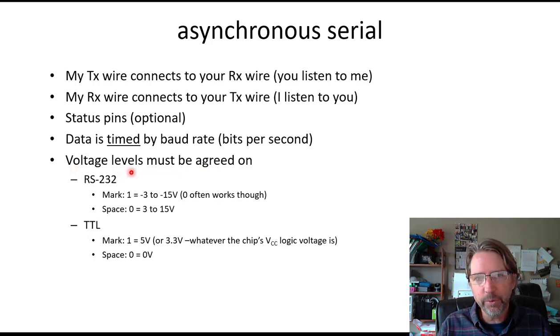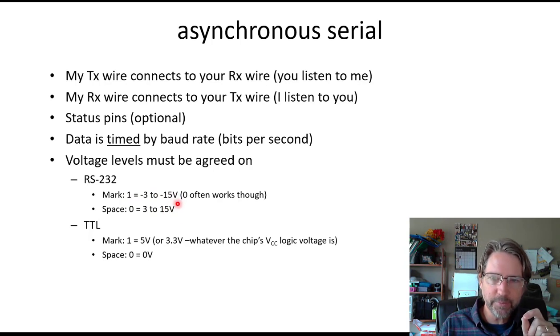The other thing you have to agree on is what voltage levels to use. So RS-232 is an old school serial communication, and a 1 in RS-232 is a negative voltage. -3 to -15 volts is the official 1, and 0 is in the range of 3 to 15. So people call it inverted because 1 is low voltage and 0 is high voltage.